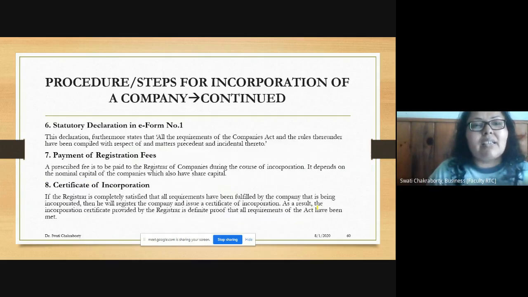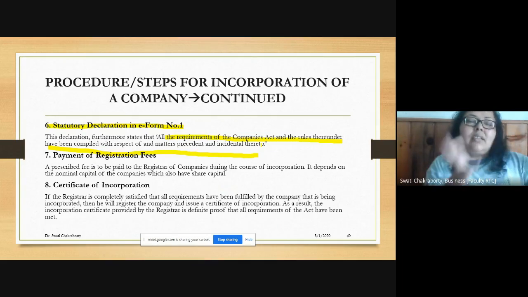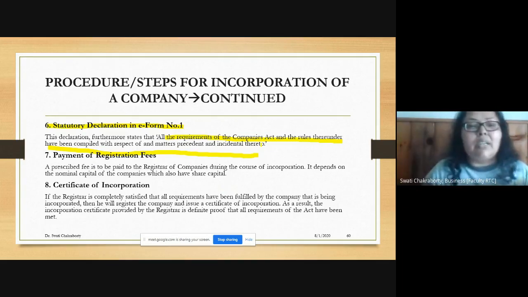Sixth step is statutory declaration in E-form number 1. This states that all requirements of the Companies Act and the rules under the law have been complied with with respect to matters that are precedent and incidental thereafter. Anything before and after, everything, right?